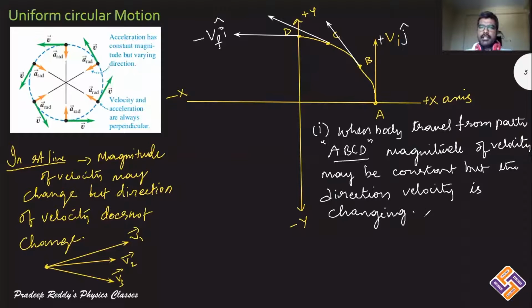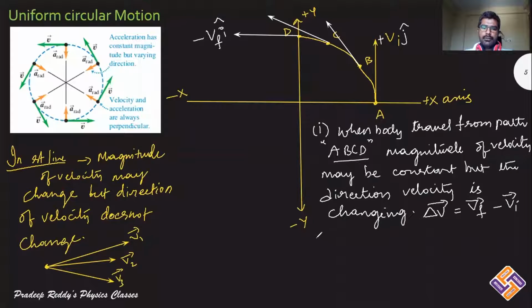Direction of velocity is changing, that means delta v is equal to final velocity minus initial velocity. There is some change in velocity because the direction of velocity is undergoing change here. It means that velocity is changing. If velocity is changing, definitely there will be some acceleration. You need to remember that. This is point number 1 you need to remember.